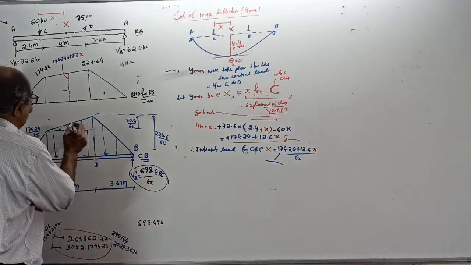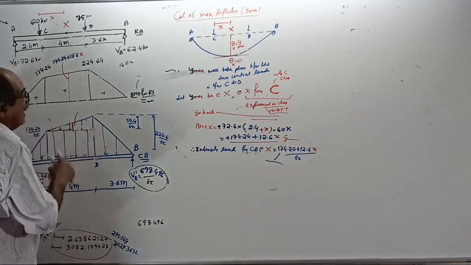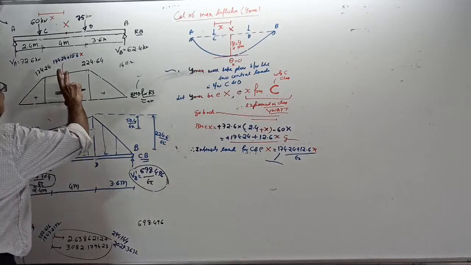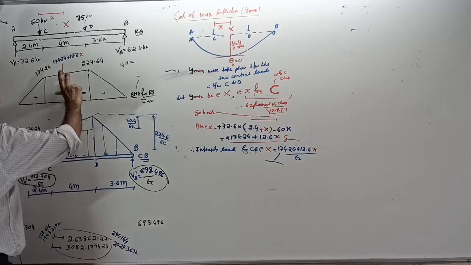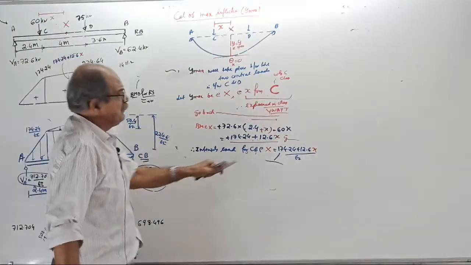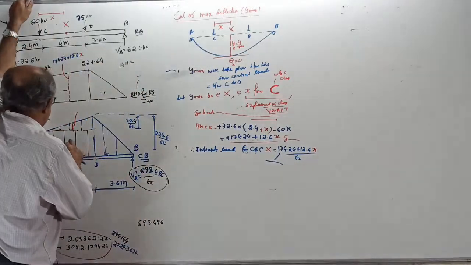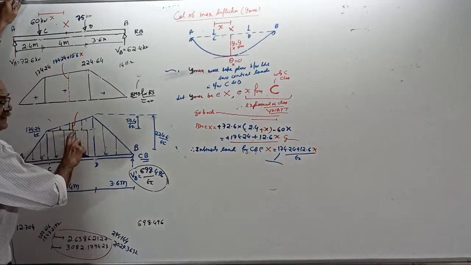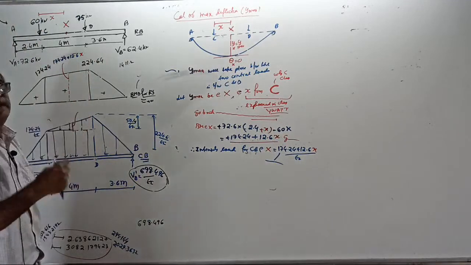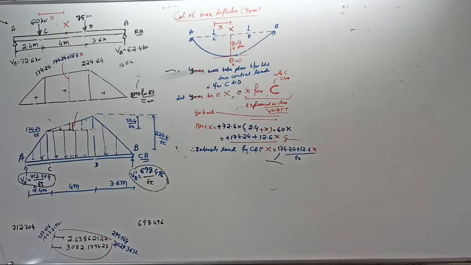Tell me, what is the extra here? See, the total intensity is 174.24 plus 12.6x, by EI. 174.24 by EI is already there as a rectangle. So tell me, what is that extra triangle ordinate? 12.6x.